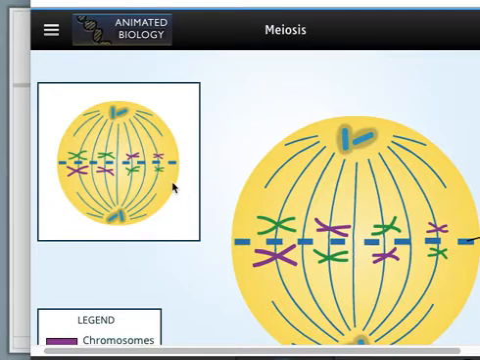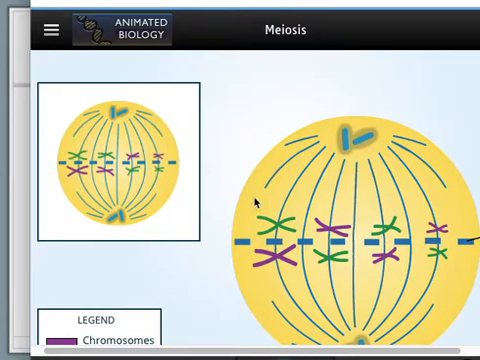This is where diversity enters into the equation in regards to cell division. So when a mom and dad have a baby, that baby is half mom, half dad, but it's a shuffling of all the genes. This is one of the ways in which the genes get shuffled. It's through this stage here with the chromosomes.